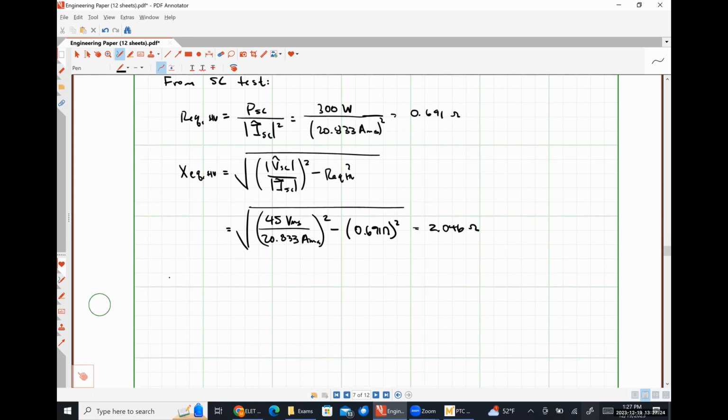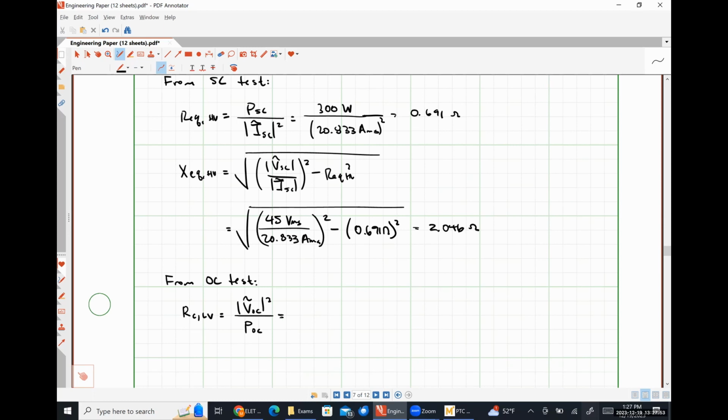So from our open circuit test, we are going to get RC on the low voltage side, which is the magnitude of our open circuit voltage squared divided by our open circuit power.